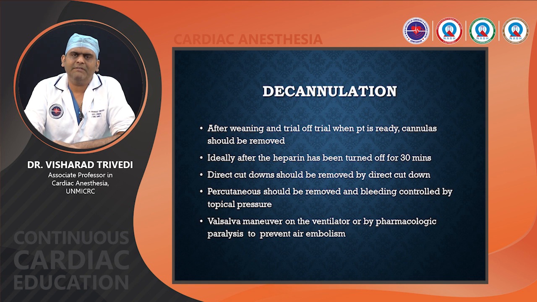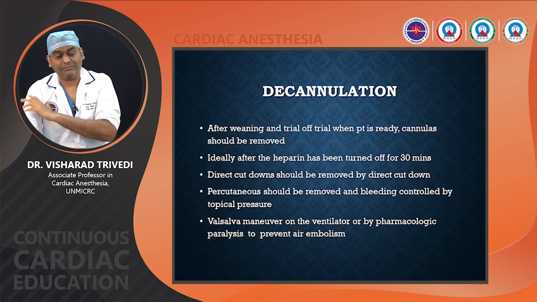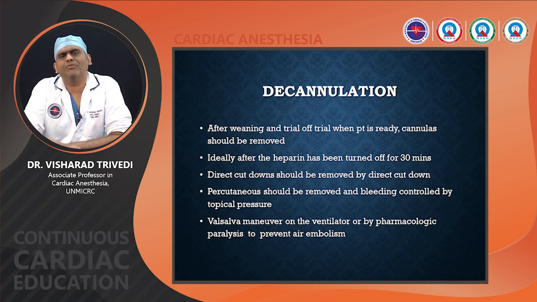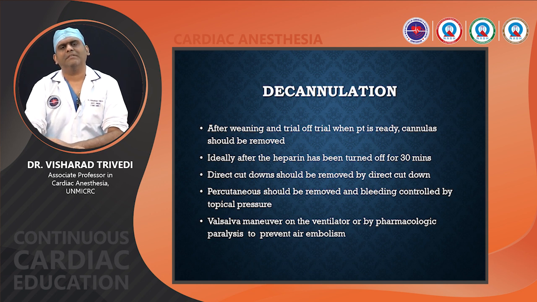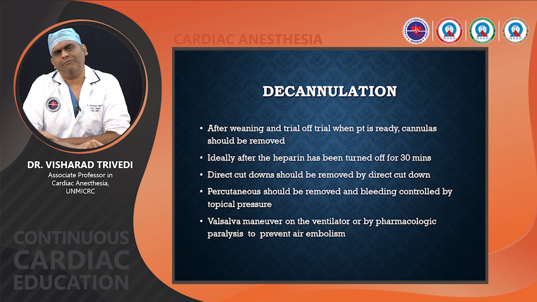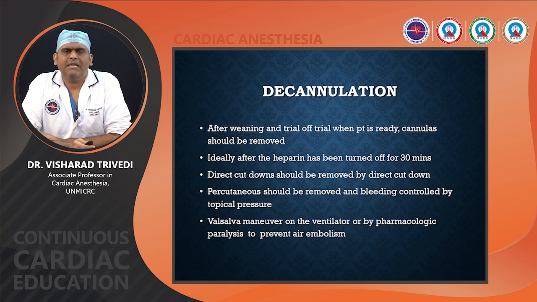After weaning, after removing the Veno Venous ECMO, you have to decannulate the patient. Decannulation can be done according to how the patient was cannulated. If the cannula was inserted percutaneously, then you have to remove it percutaneously. If the direct cut down technique was used, then you have to remove it by direct cut down.